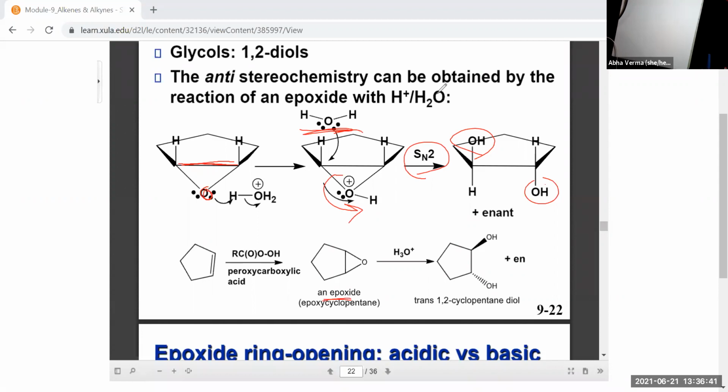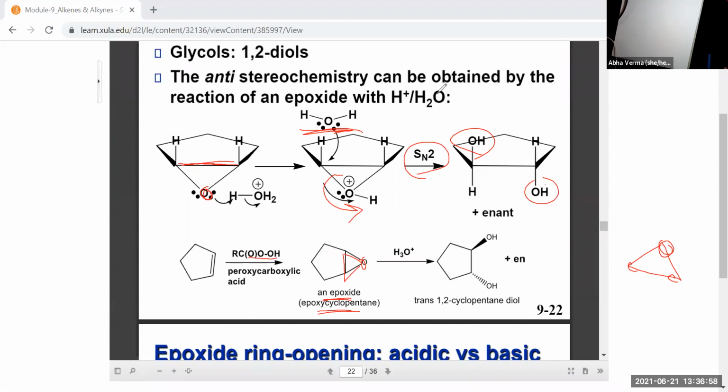But how are these epoxides formed? First of all, make sure that you can identify an epoxide. It is just a triangular thing. In a cyclopropane, you have 3 carbons. In an epoxide, you have only 2 carbons and 1 oxygen.